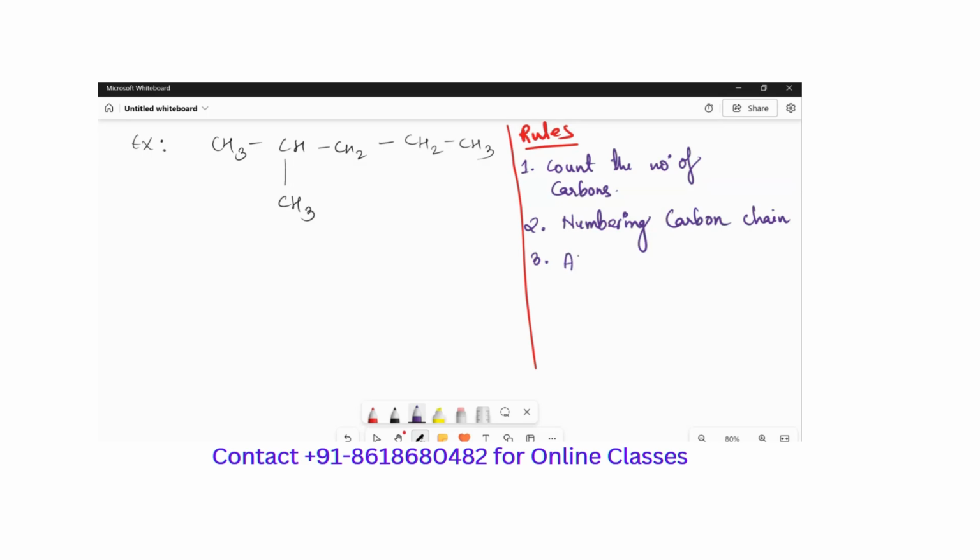What did I say? The least number. For whom? The carbon chain. To the functional group or to the alkyl group. If either one of them is present, it will be very easy for you to number it. But when both of them are present, you have to try to give the numbering in such a way that both of them get the lowest number possible. Fine.